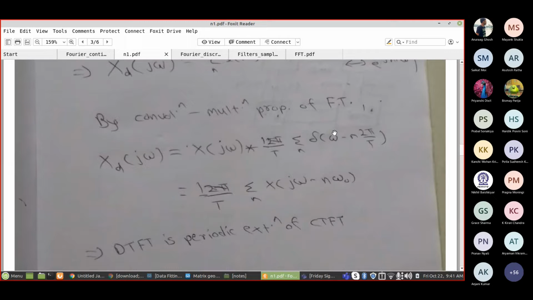If you do this convolution, you just get x of j omega and its integer shifts. Let me draw the picture here.